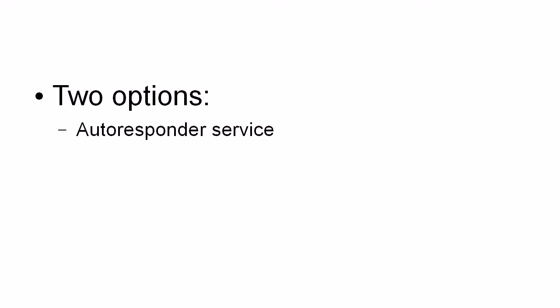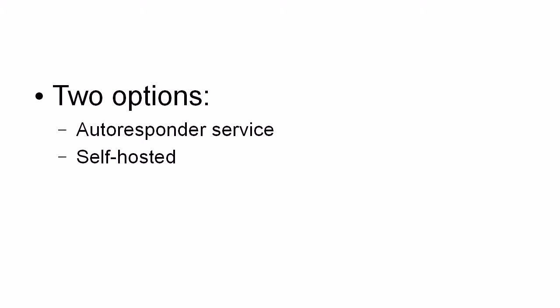The other option is to go self-hosted, and if you are sending a lot of emails, several hundred every minute or something like that, then it might not be a bad idea to go self-hosted, because some autoresponder services will charge you depending on how many emails that you send out.